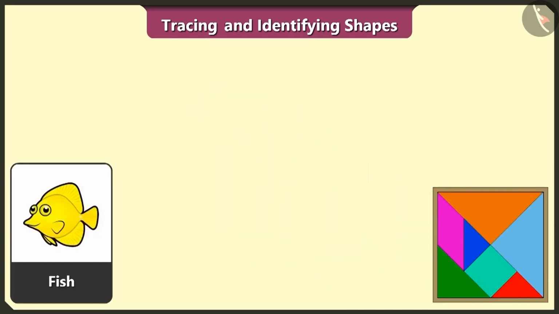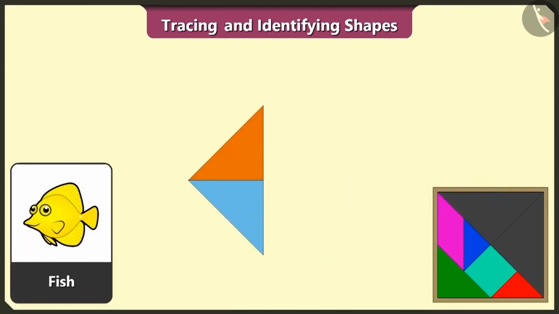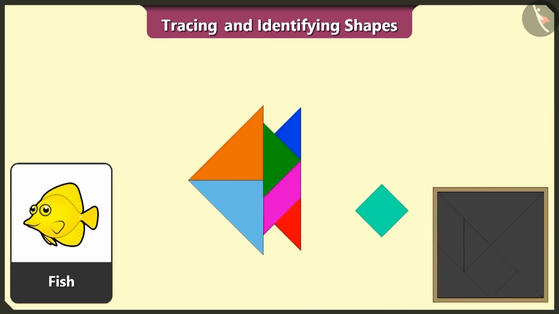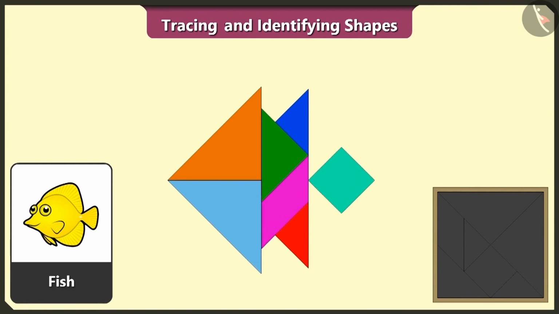This is a fish. Let's try and create a fish using 2 triangles, 1 quadrilateral and 1 triangle, 2 more triangles and 1 square. And we have created a fish.